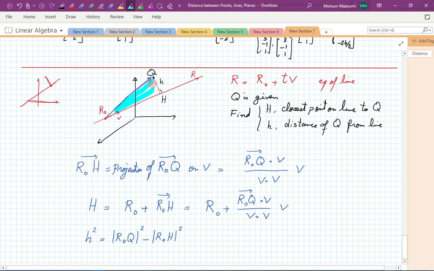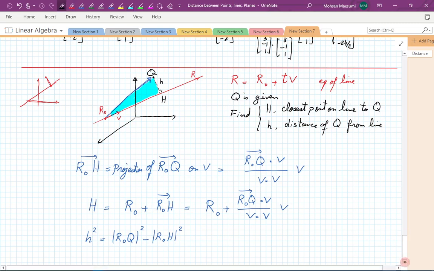We just use the Pythagorean theorem on it, and that's going to give us the answer. So the hypotenuse is R0Q. Find that squared. How do you do that? Well, the distance formula. R0H, we have that. And then I have to find the length of it. You find the length of this vector, square them, subtract, and h squared is going to be equal to that.